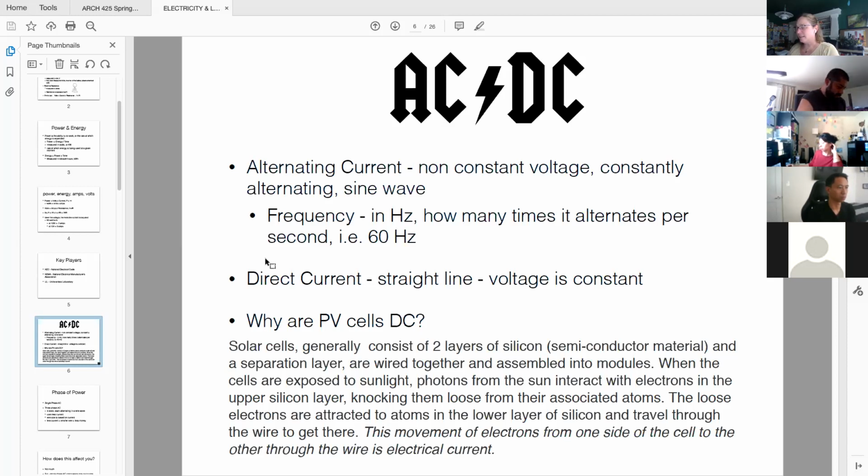Today, we have pretty much two different systems working in harmony together. For our large distribution of power traveling from one location to the other, we use alternating current.